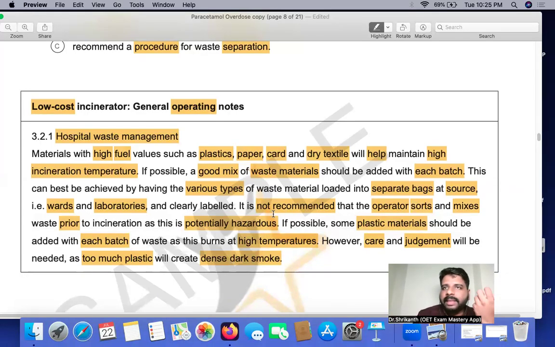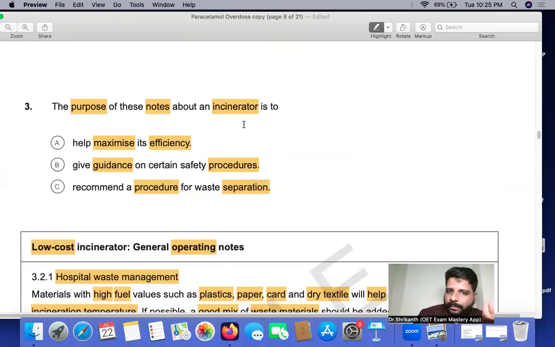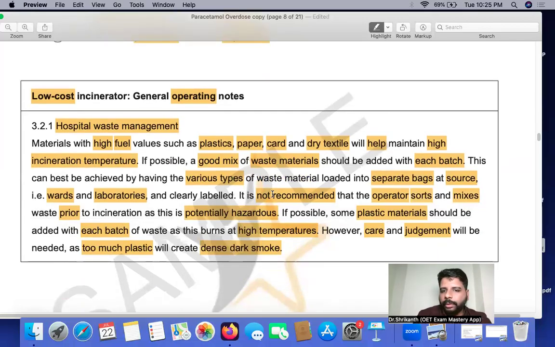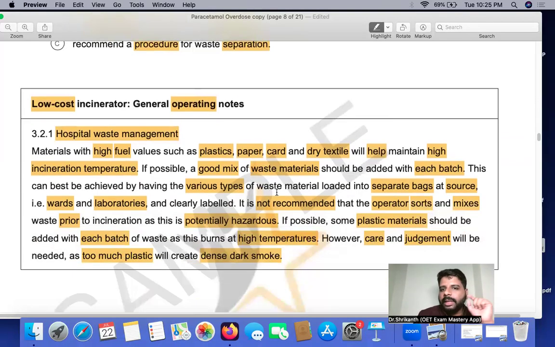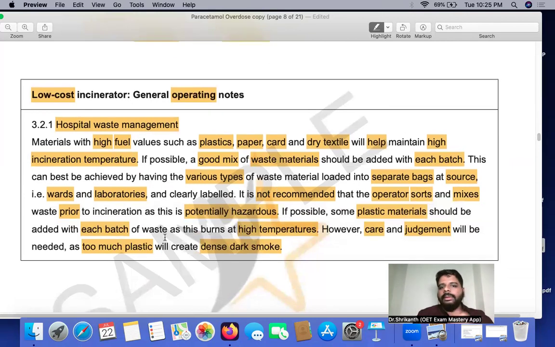So this sentence over here is not a safety procedure for the incinerator. Those who chose answer option B, this sentence over here, the reason for writing these notes is not to tell them how to safely operate the machine. It is telling them these are hospital waste, so you have to be very careful, because it is very dangerous.